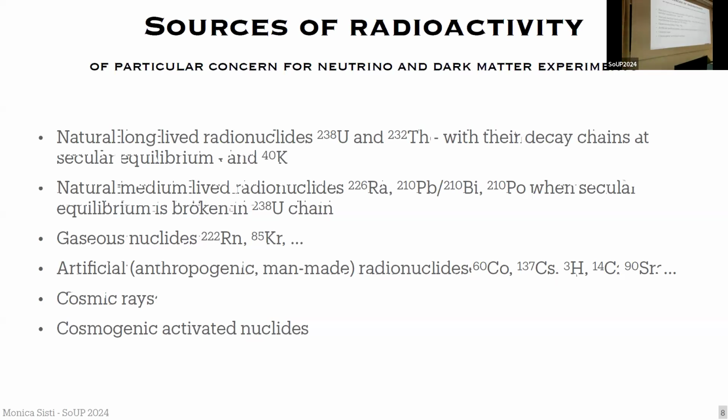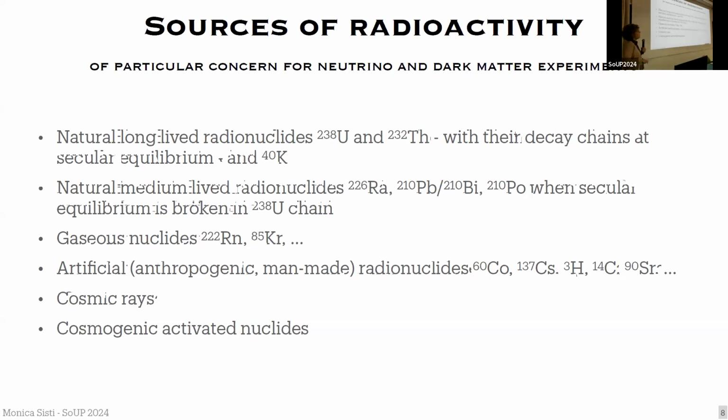So they could decay only once, so this means their abundance in the Earth's crust is still very high. Then we have the natural medium-lived radionuclides that are almost all daughters of uranium-238. But you can find them alone, separated from the progenitor, because, as we will see, they can break the equilibrium in the decay chain.